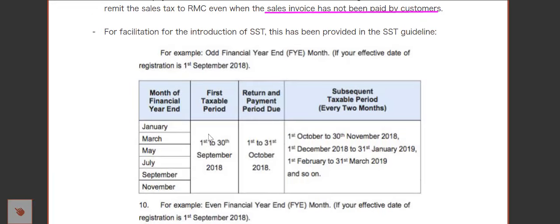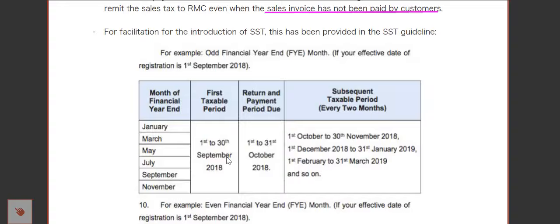Now there's this part of the notes which I don't think is relevant to you anymore. When the government introduced SST to replace GST, all those existing GST registered persons needed to go into the SST system. The government did not want all the business operators to come in at the same time and use the same taxable period.